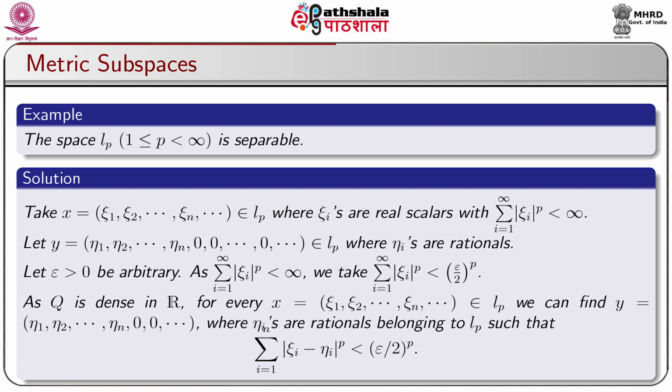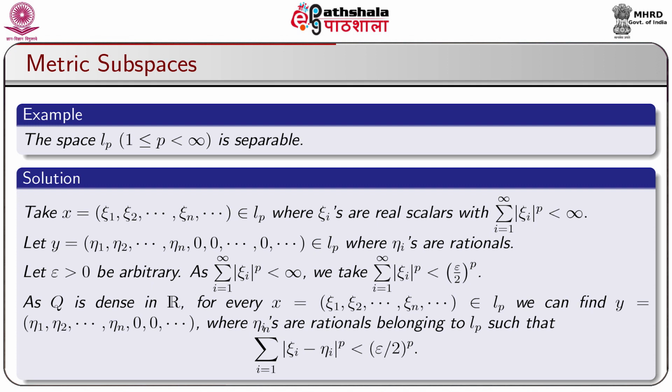Already we know that l^p is a linear space with respect to the usual addition of vectors and scalar multiplication of a vector. Let epsilon greater than 0 be arbitrary, as we have already introduced that the sum from i equal to 1 to infinity of |ξi|^p is less than infinity.